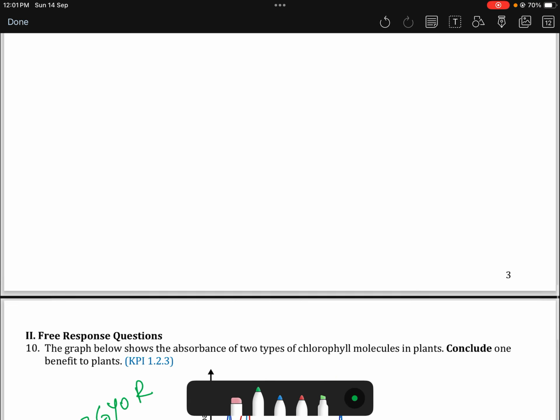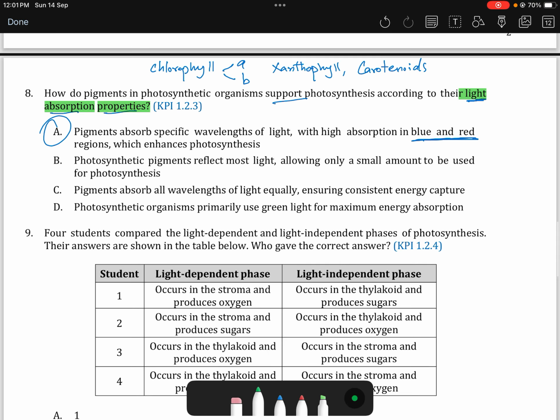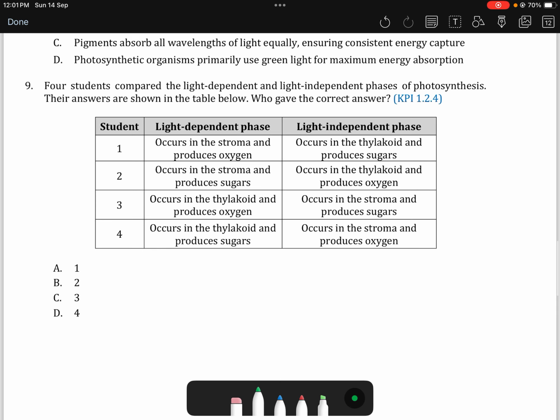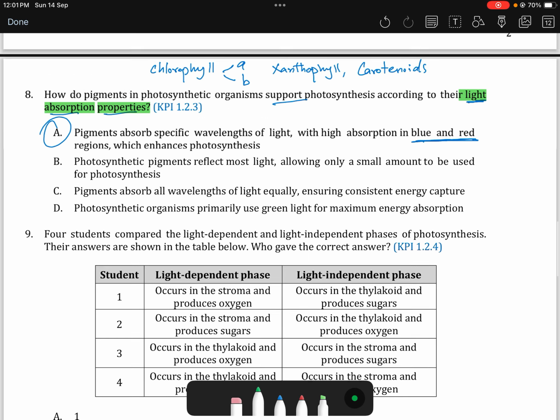Now moving onward, we have to see four students compared the light dependent and light independent phases of photosynthesis. Their answers are shown in the table below. Who gave the correct answer? We need to know what is what.